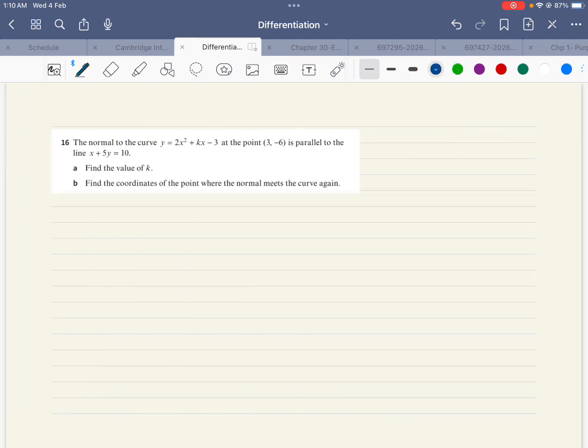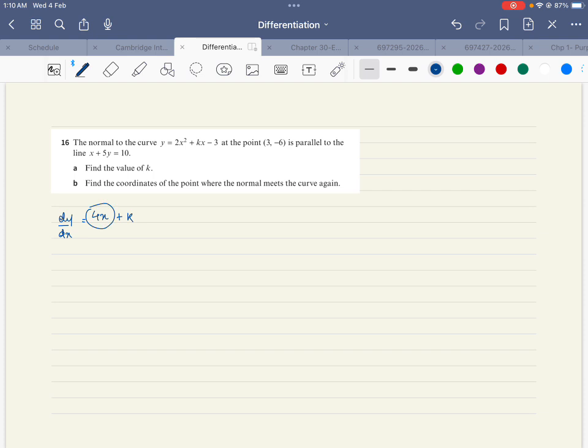Let's do another question. The normal to the curve at this point is parallel to this line. So what have we studied? That the gradients of parallel lines are the same. So let's first find dy by dx from here. dy by dx is equal to 4x plus k, because k is a constant, so the differential of kx is k.